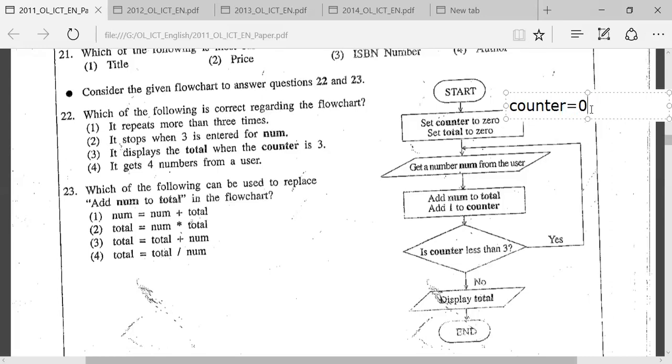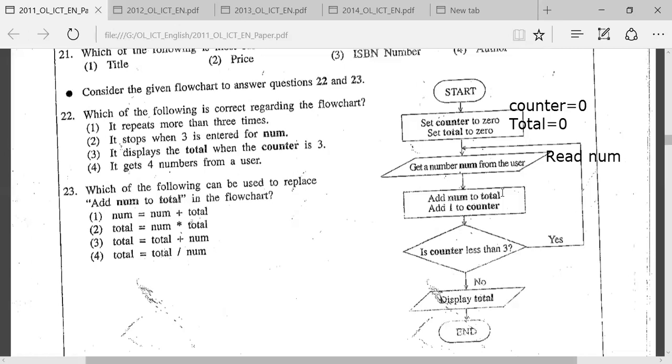Set total to 0. So total equal 0. Get a number num, right? So you can simply convert it as read num. The entire phrase can be written in shortened form, read num.